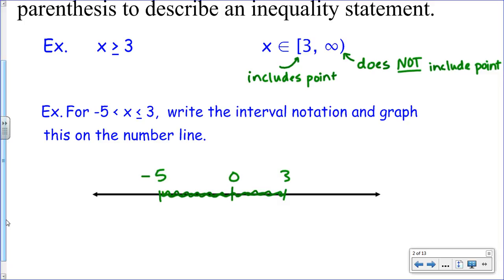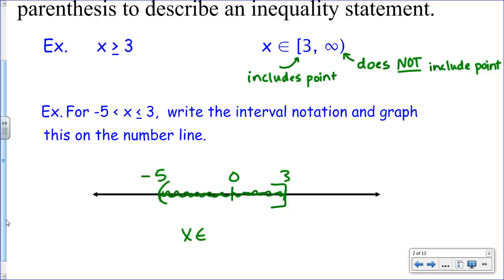So at -5, am I including the -5? No, there's not an equal to, so I use parentheses. What about 3? Am I including the 3? Yes, because there's an equal to, so I use a bracket. That's the interval that I want to write. So my interval describes what's shaded. So we say x is an element of, because x is any number in that set.